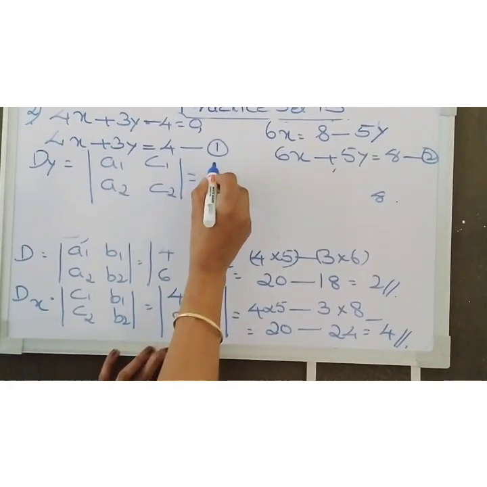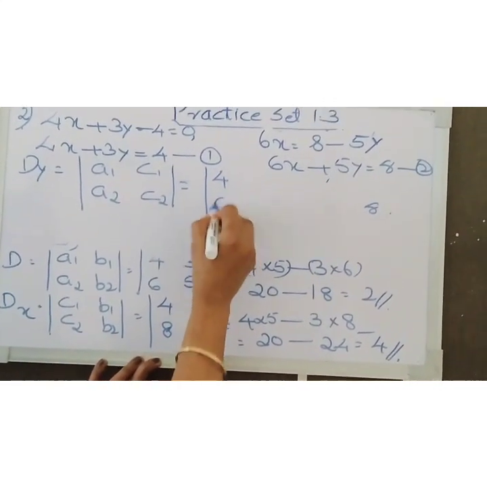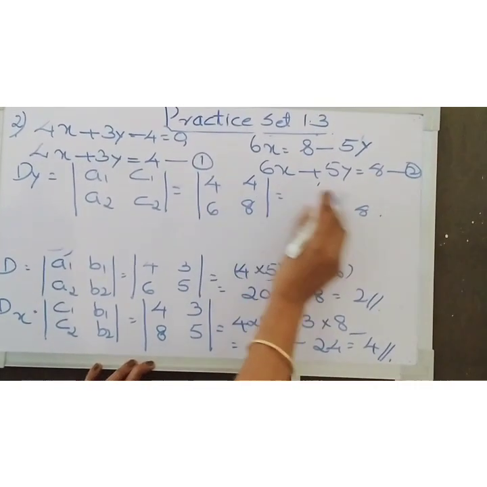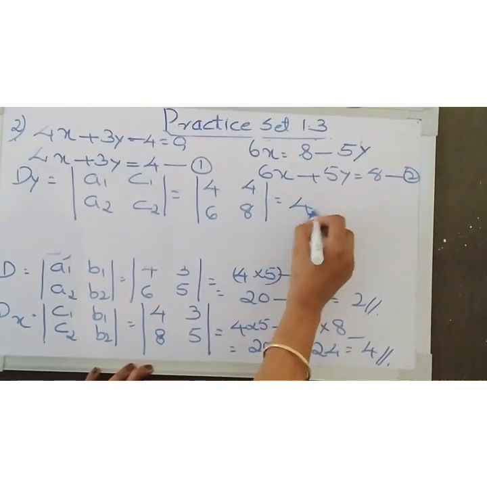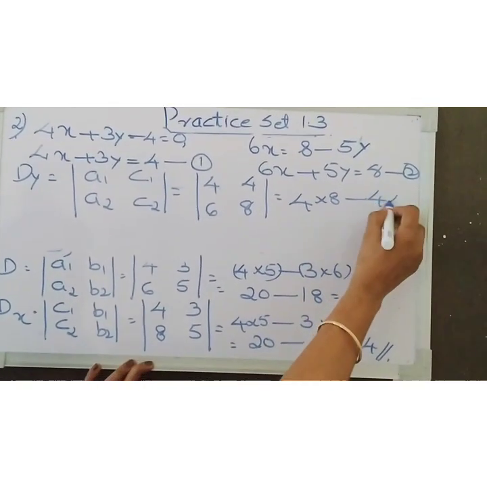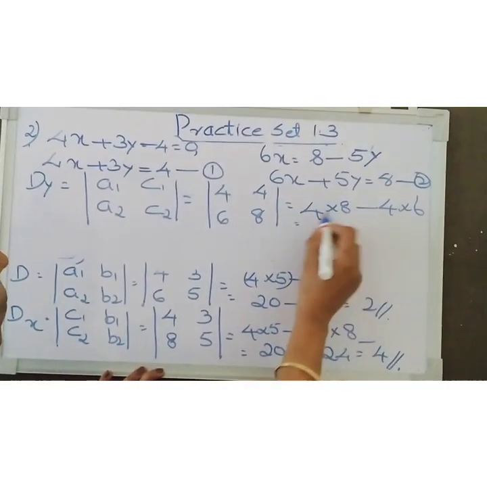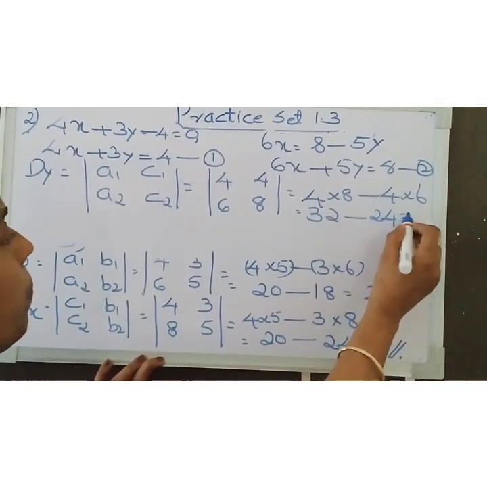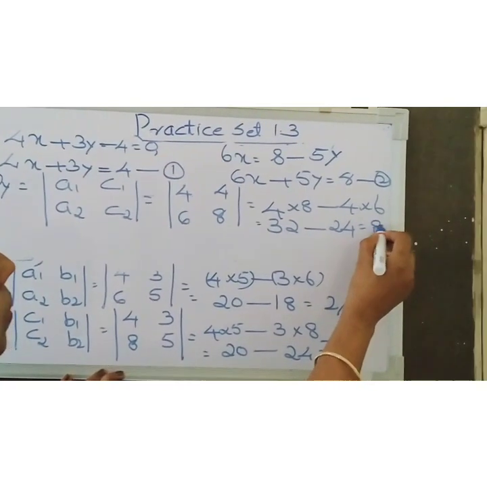That is equal to the determinant of 4, 6 and 4, 8, which is 4 into 8 minus 4 into 6. 4 8s are 32 minus 4 6s are 24, is 8.